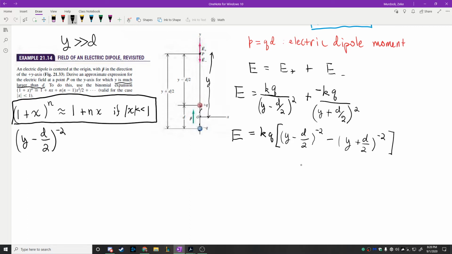We could put y plus negative d over 2. That's true. So our x would become negative d over 2, divided by y. Why would that be a good idea? You want to factor out a y, right?